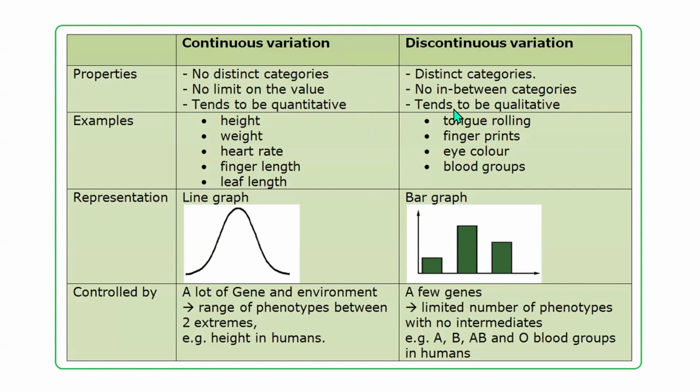Discontinuous tends to be qualitative. Examples of continuous variation are height, weight, heart rate, finger length, leaf length. Examples of discontinuous variation are tongue rolling, fingerprint, eye color, blood groups.